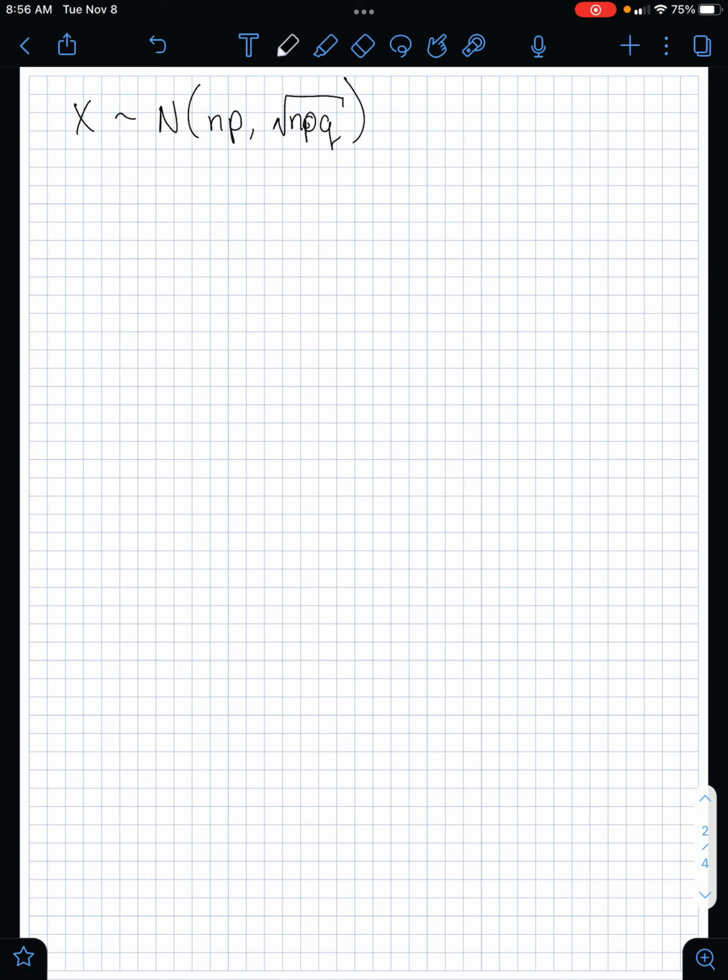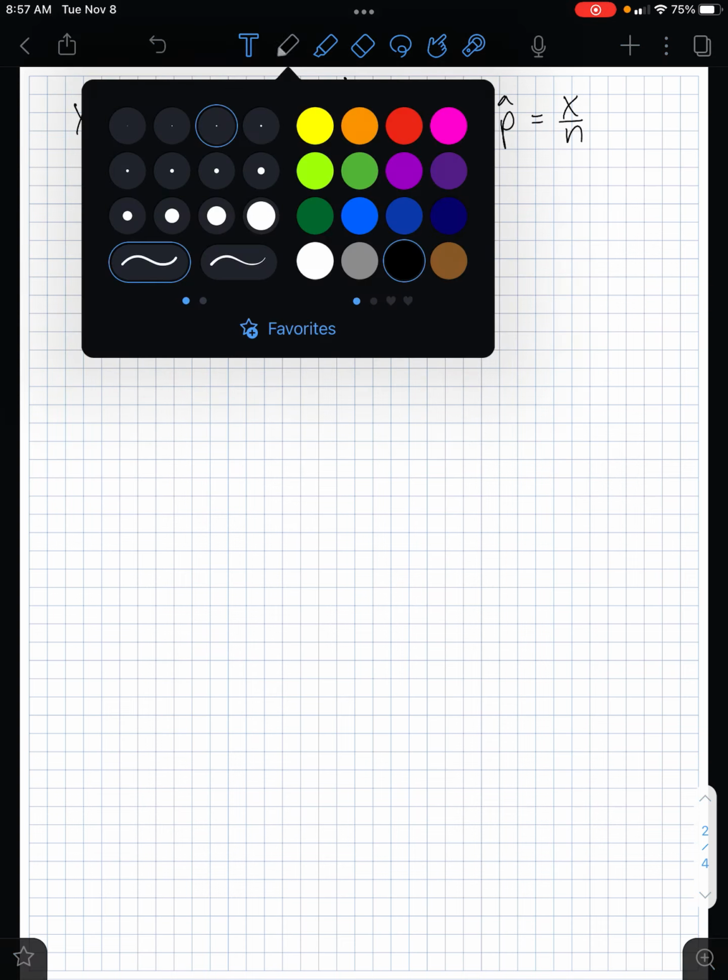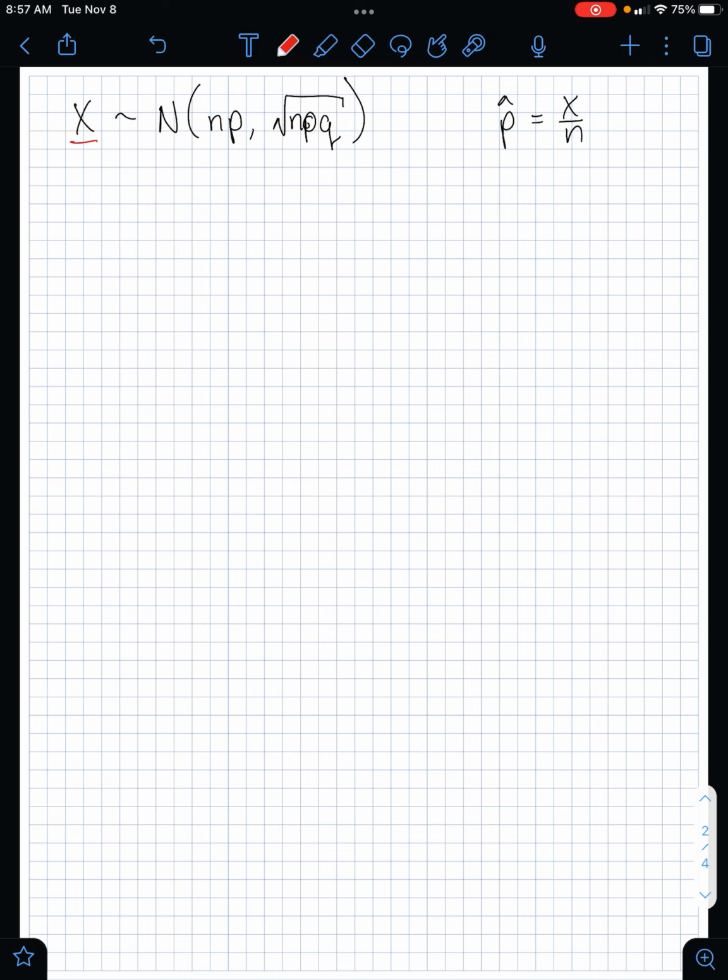Now, we're close here because remember, we said before that p hat is equal to x over n. So what I'm going to do here is introduce a division by n to each of these parameters, the random variable and the mean and standard deviation.